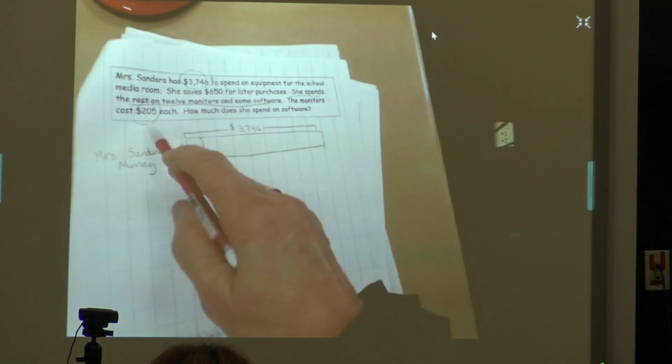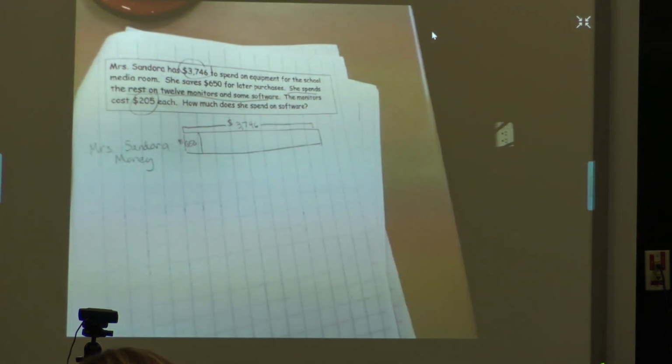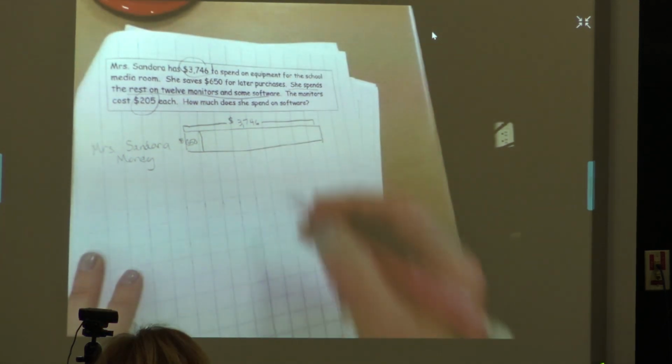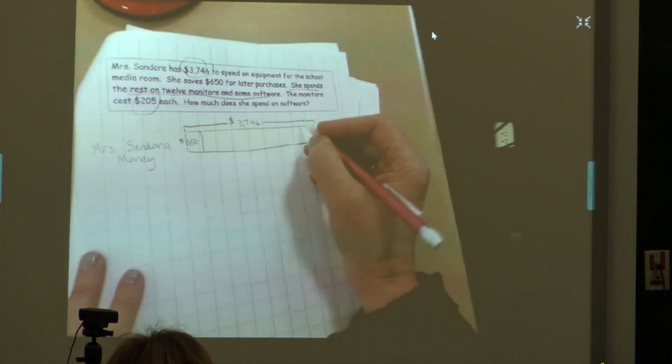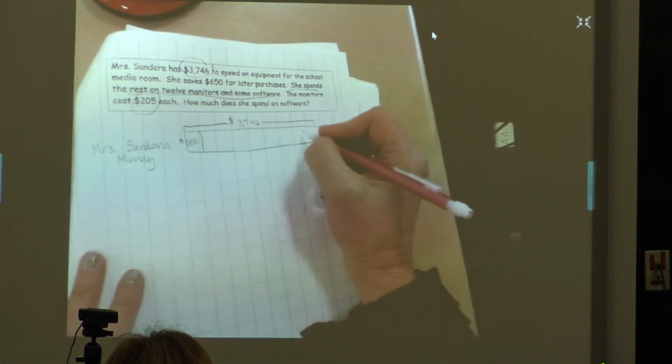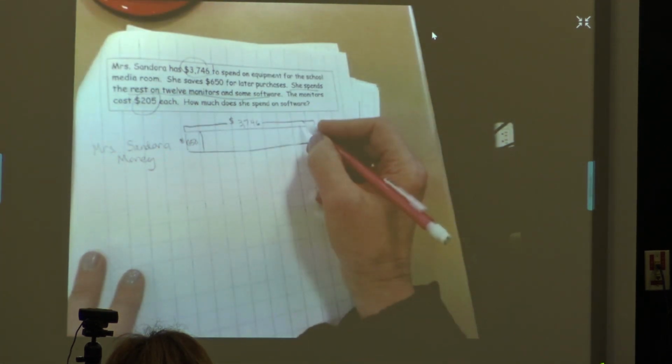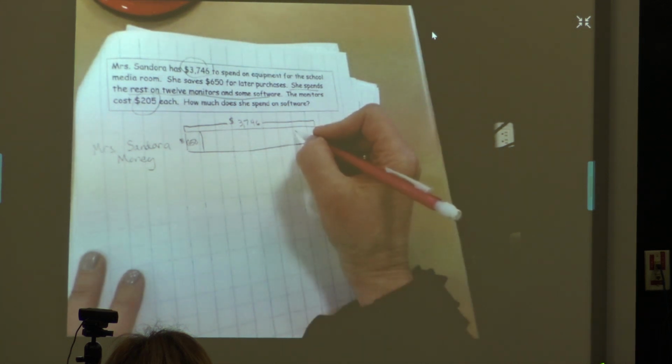The monitors cost $205. How many monitors does she buy? 12. So I can either draw 12 lines in here, or have 12 sections, and the rest goes to software, right? So maybe I'll do this. Software I don't know, do I? That's the question.